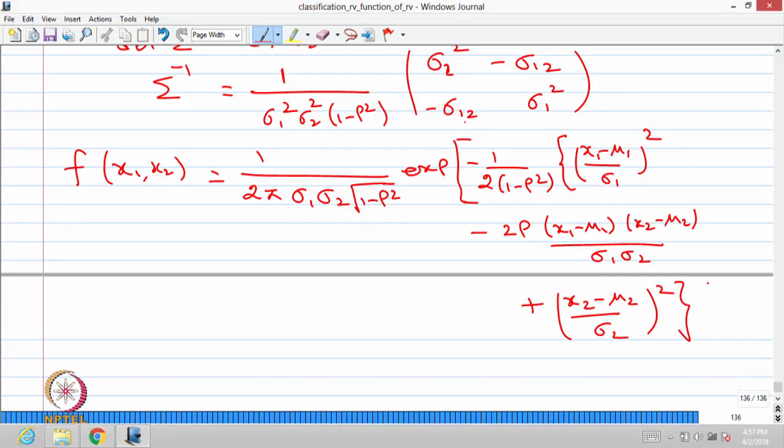This is in the curly bracket, this closed bracket.